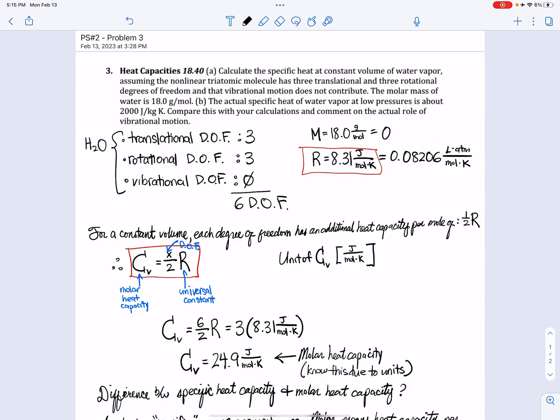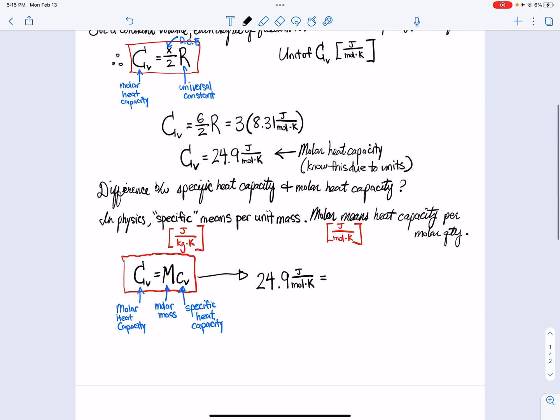Just converting grams to kilograms, that's 0.018 kilograms per mole. Okay, so that's the value of my molar mass.